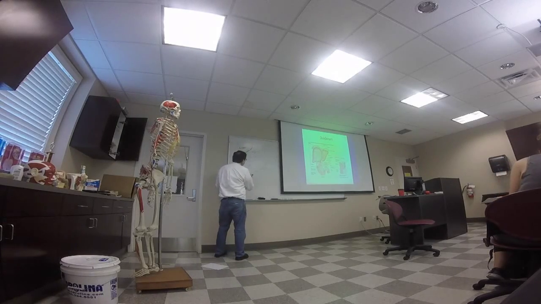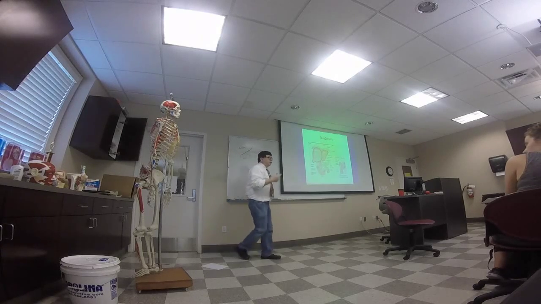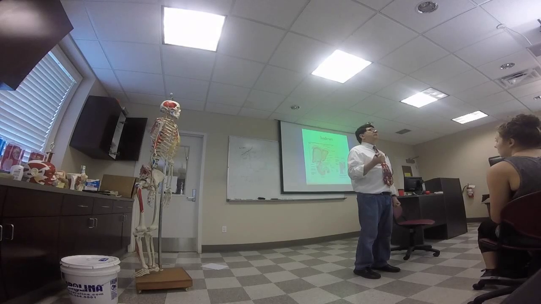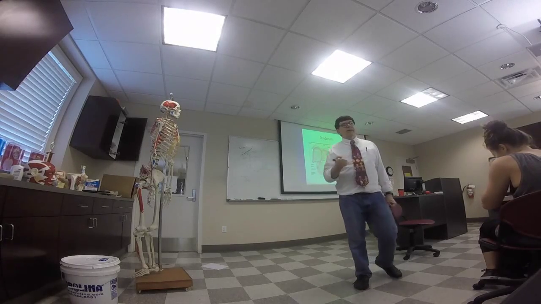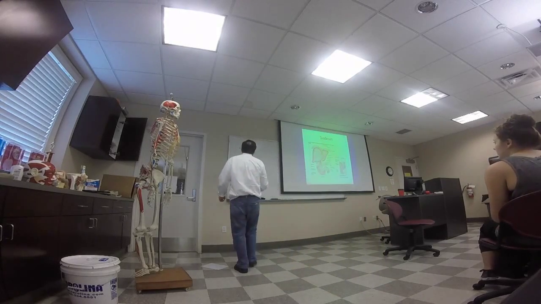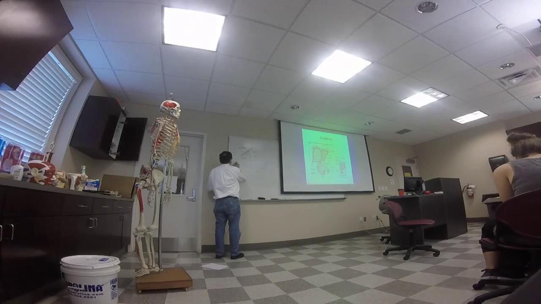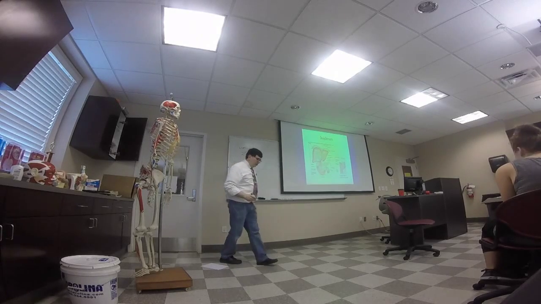The reason we have that papilla is that deep to the surface, there is a ring of smooth muscle which forms a sphincter around the opening. That's called the sphincter of Oddi. So the sphincter of Oddi is going to control the flow of these secretions from the ampulla of Vater.